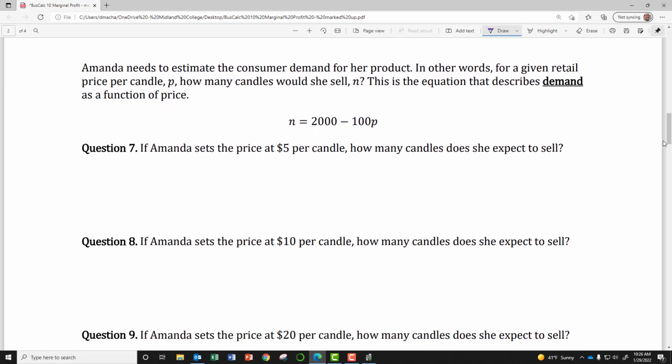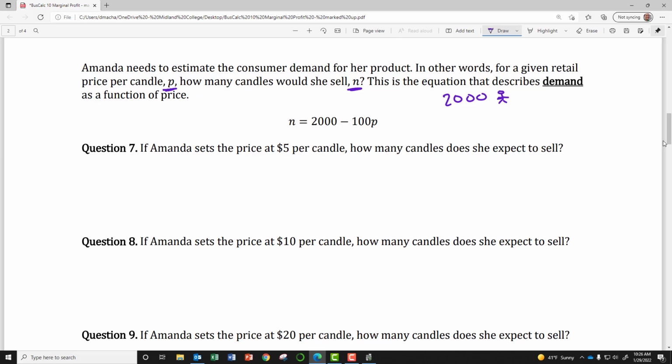Okay, so continuing with our scenario, Amanda needs to estimate the consumer demand for her product. In other words, for a given retail price per candle, where P is the retail price that she's selling the candles for, how many candles would she sell? So suppose she takes her candles to a farmer's market in town, and let's say there are 2,000 people at the farmer's market, and depending on her price, more or less of those people might buy her candles, right?